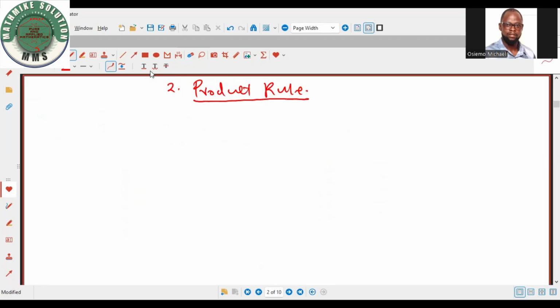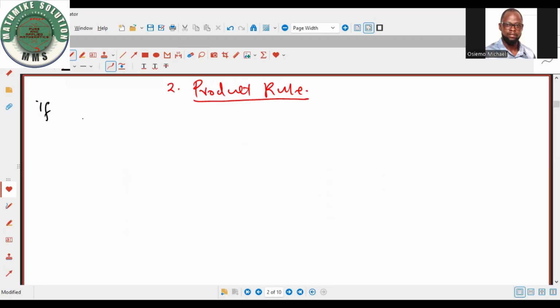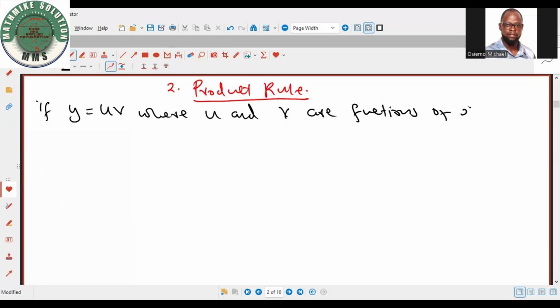The product rule states that if y is equal to uv, where u and v are functions of x, then dy/dx is equal to v du/dx plus u dv/dx.